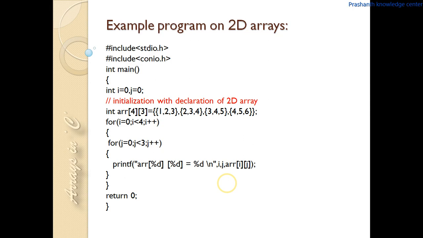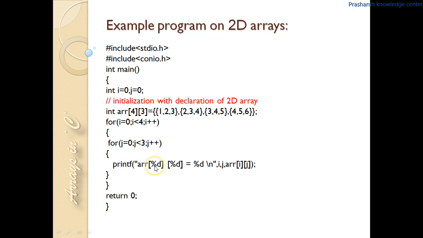And this is a small example for the two-dimensional array. Here I have done initialization with declaration simultaneously in the same line. The array size is 4 by 3, which means 4 rows and 3 columns. Like this I have declared and initialized the values for the two-dimensional array. And here by using the for loop, again I will print the same data.